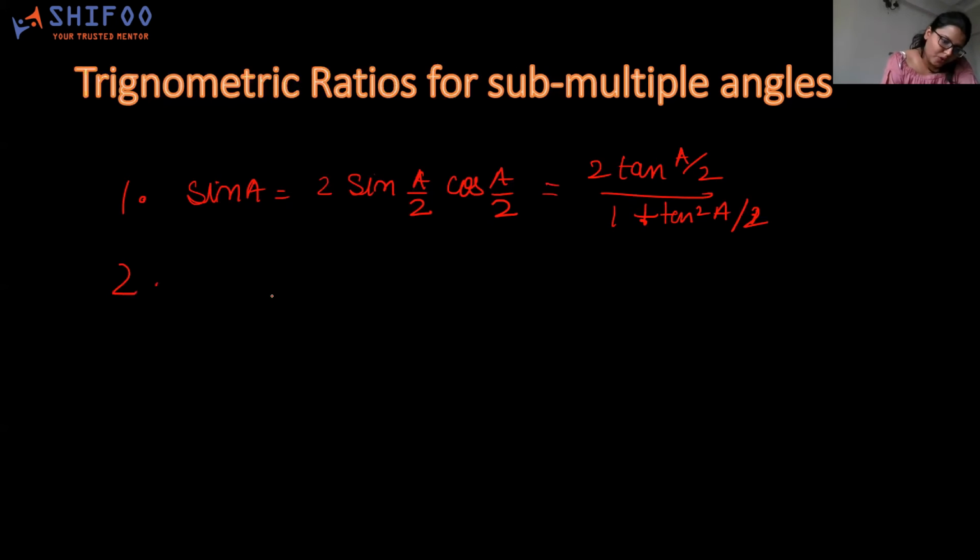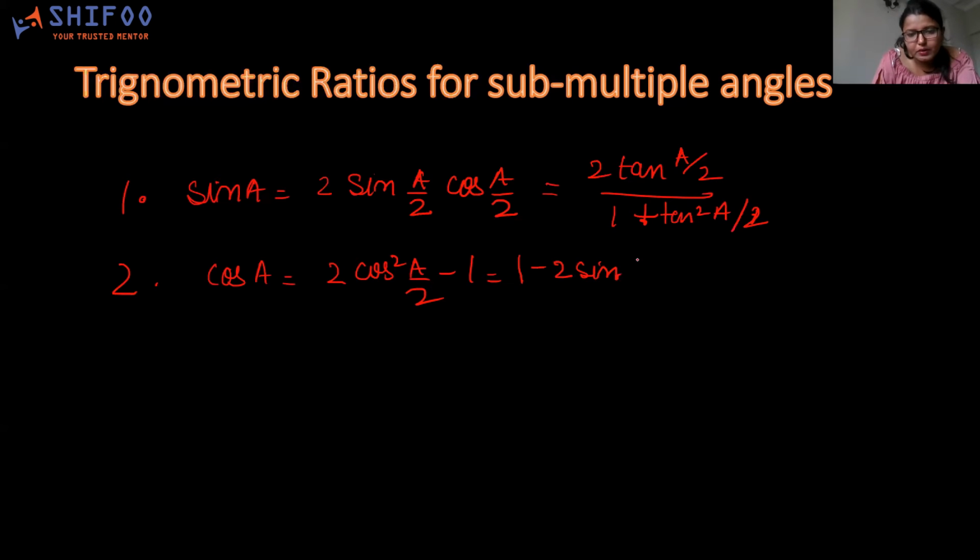Then we have cos theta similarly. So these are all derived from the previous formulas we have discussed. So cos A will become 2 cos square A by 2 minus 1, or you can also write it as 1 minus 2 sine square A by 2, or lastly 1 minus tan square A by 2 upon 1 plus tan square A by 2, right?